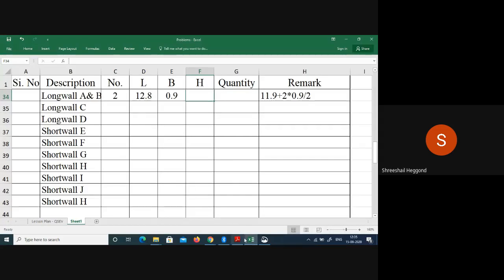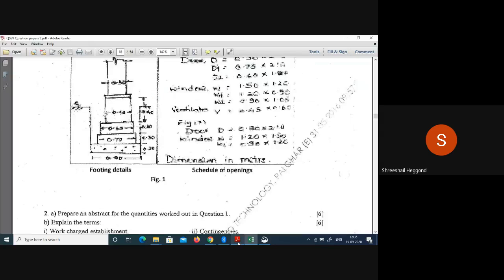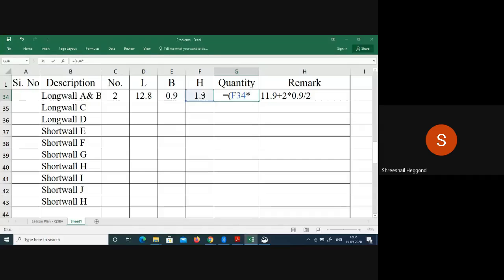Height is how much? In cross section, it is given 0.3, 0.3, 0.2, 0.4, and 0.6. What is the total height of 12.8 was calculated?